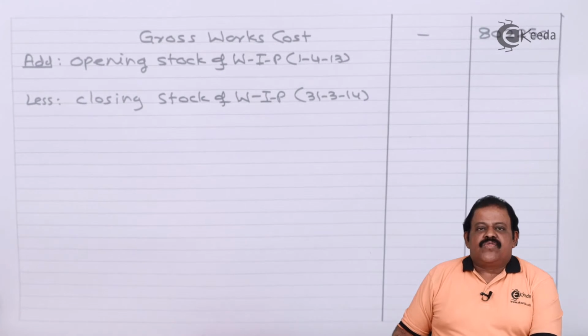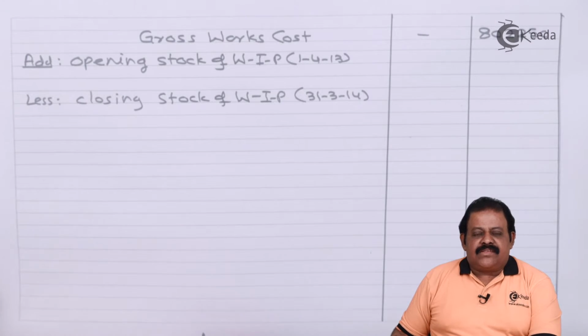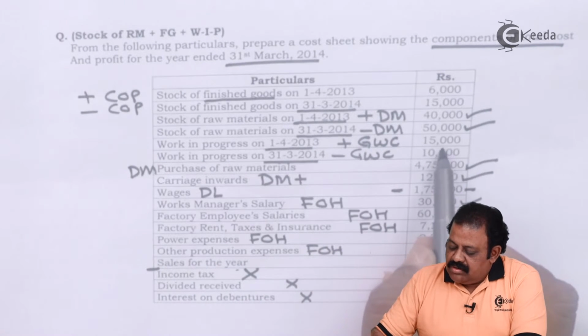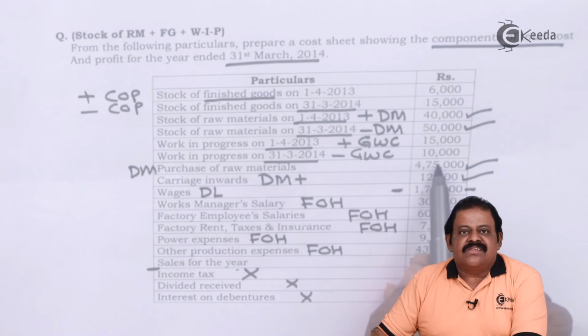To the amount of gross works cost, we are required to add opening stock of work in progress, and we have to deduct closing stock of work in progress. Opening stock of work in progress 15,000 and closing stock of work in progress is 10,000.